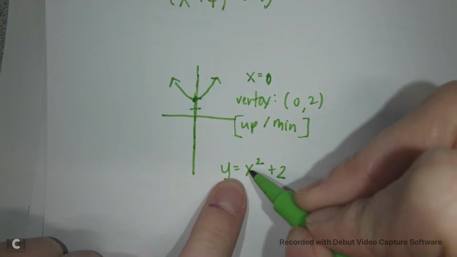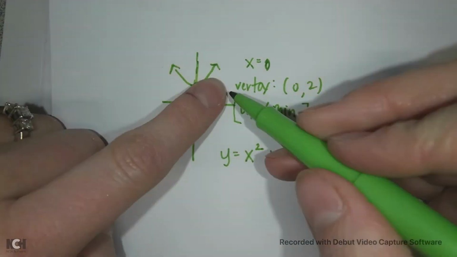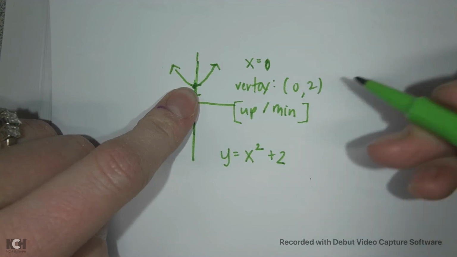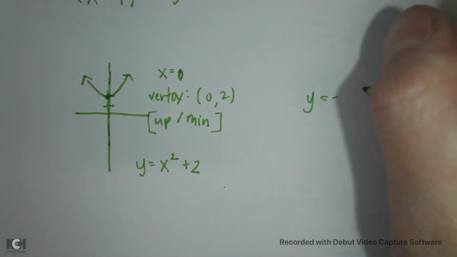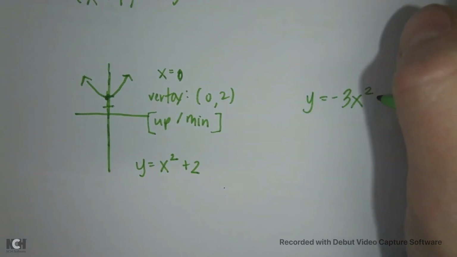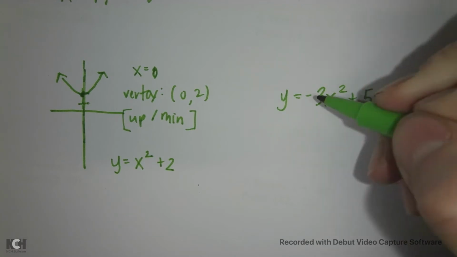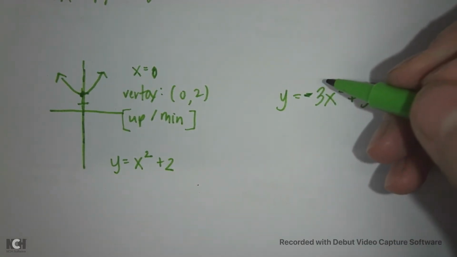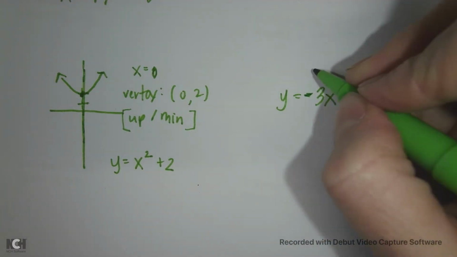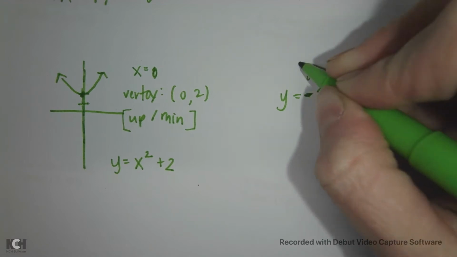So because my value in front of my x squared is positive, that means that my parabola is going to open up. So, for example, if your equation was y equals negative 3x squared plus 5x minus 7, this is a negative a, so it would open down, which would be a maximum. So this is a down, max example.